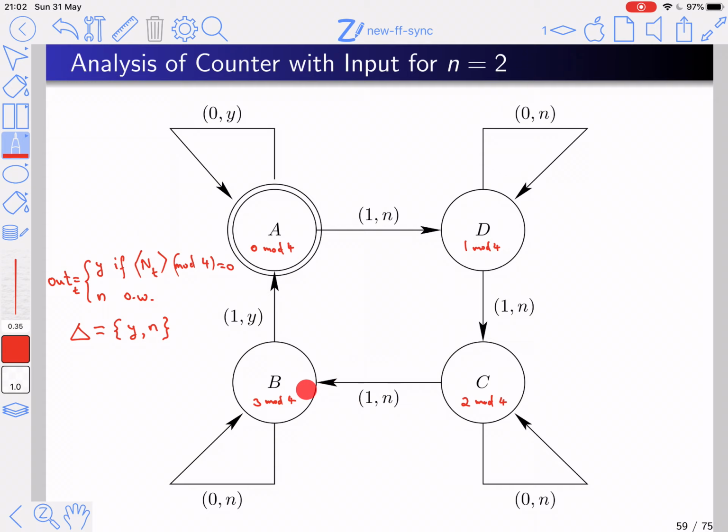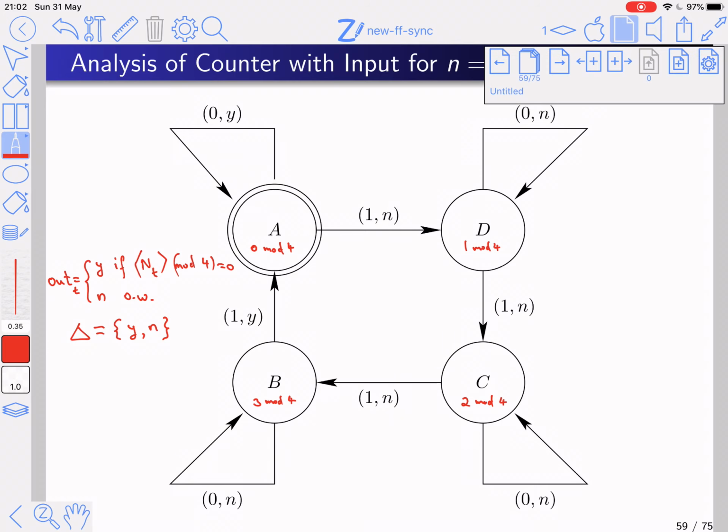I get another 1, I transition to the state that corresponds to a residue of 3, and then back to 0. Now notice that here I output a yes, here I output no, no, no. In these cases the input is a 0, so I stay in the same state with a no. In this case the input is a 0, I stay in the same state with the output being yes, because the residue is 0 mod 4.